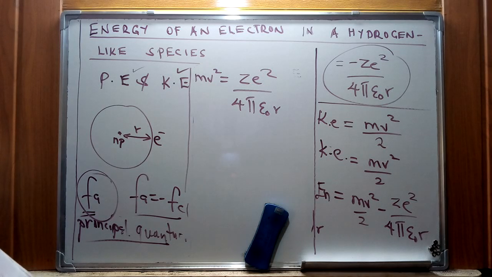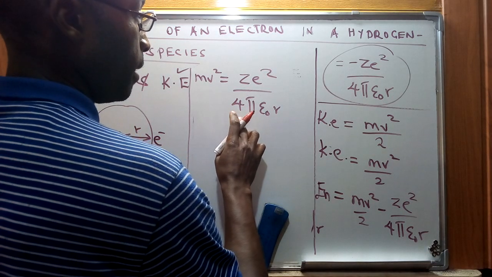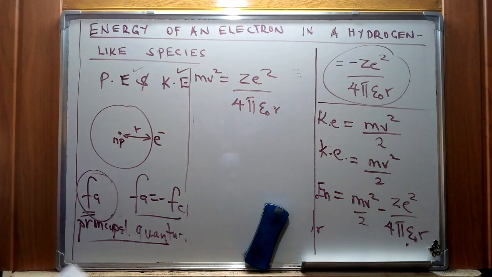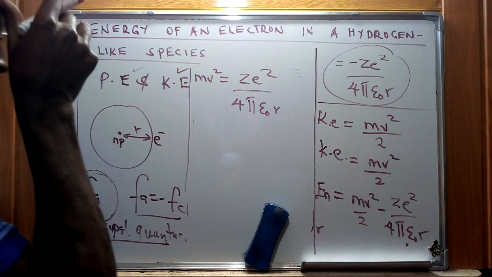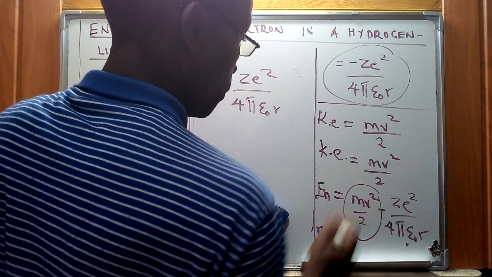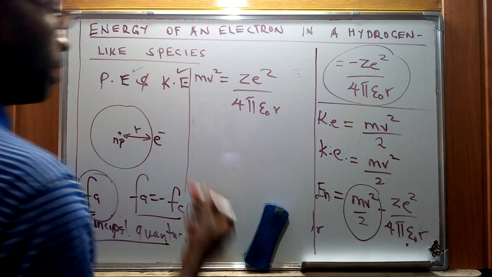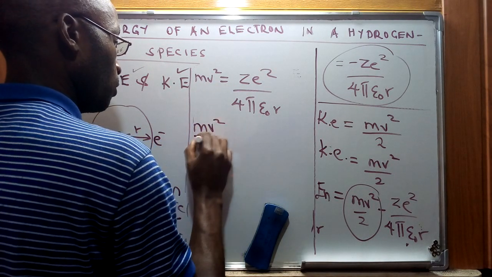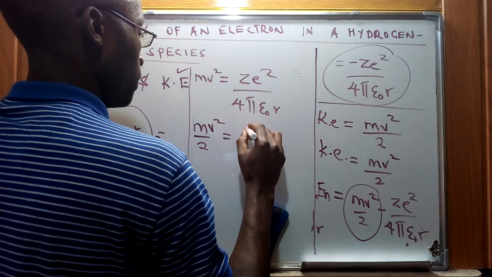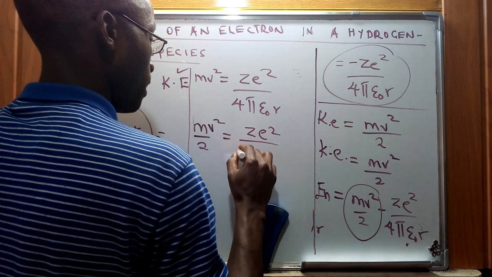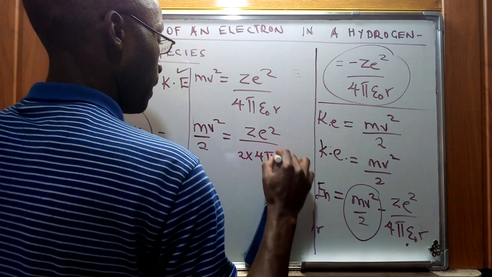So if you compare this one with the kinetic energy that we have described in this case, this is going to be a division, because there's a comparison that I'm trying to make. Therefore, the mv squared over 2 is equivalent to this particular value, and therefore half of this, which is mv squared over 2, will be equivalent to Ze squared over 2 times 4 pi epsilon naught r.